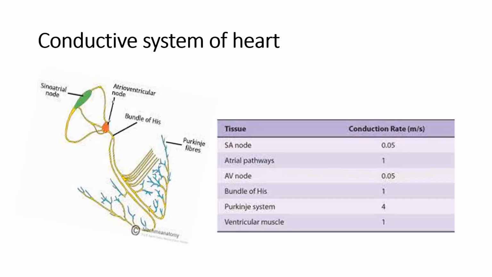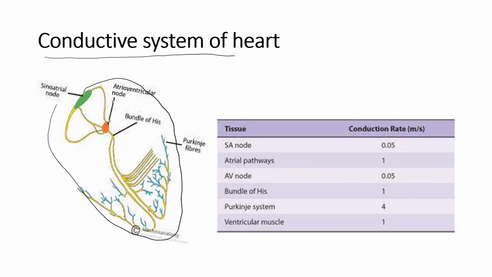Coming to the next, which is also very important, that is the conductive system of the heart. In the conductive system, you can see this is a heart structure which we have not drawn here deliberately, because we are talking only about conductive tissue. So what is that conductive tissue?